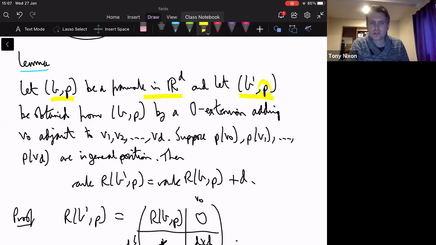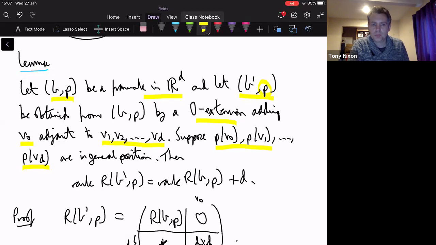I need to put one small geometric condition on that p. So (G', p) is obtained from (G, p) by a 0 extension. It adds v0, as we said, with neighbors v1 up to vd. And the supposition I put on the realization p is that the vectors p(v0) up to p(vd) are in general position.